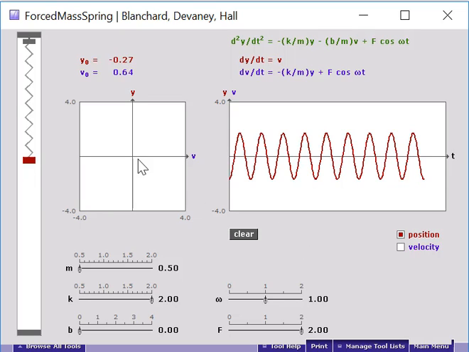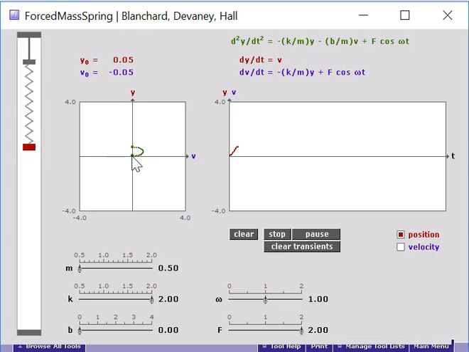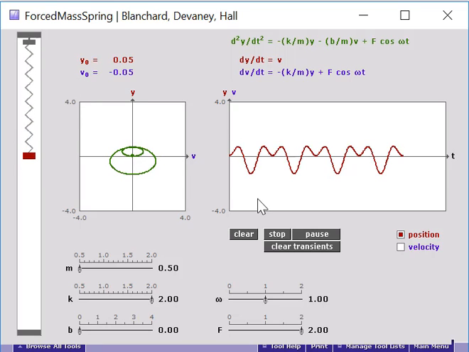If we start this at 0, 0, we can do that because we have an external force, and you'll see the external force working up here. Again, it's kind of hard to tell what's happening with respect to beats, but notice the force is pushing down at a frequency of 1 over 2 pi, or 1/2 of 1 over pi, and the natural frequency of the spring is 1 over pi.